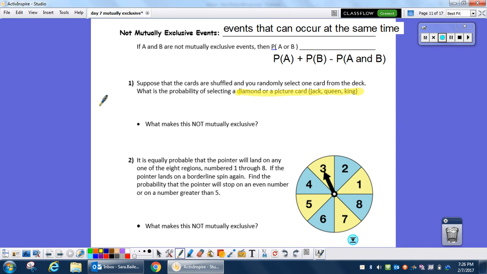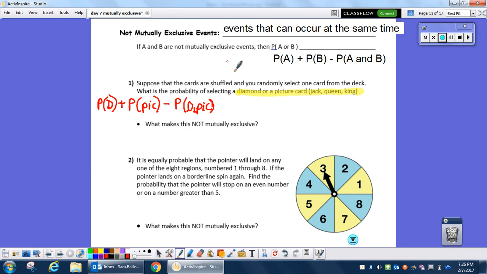So we're going to have to do the probability of being a diamond plus the probability of being a picture, so I'm just going to abbreviate that, minus the probability of being a diamond and a picture. So that's a D and a P.